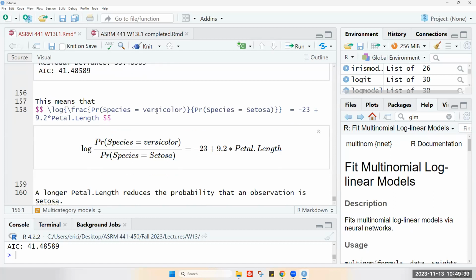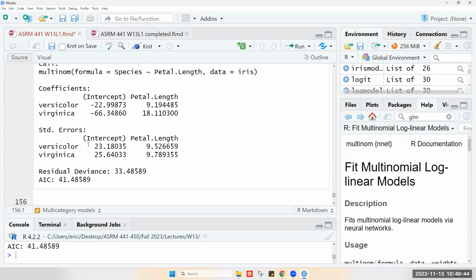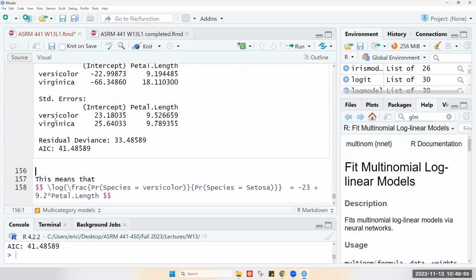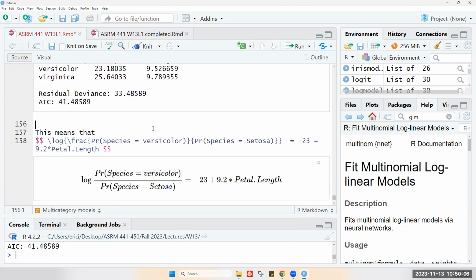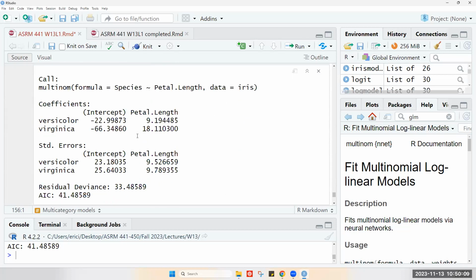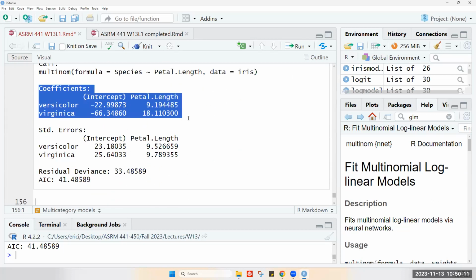Okay? And so the final interpretation that you get from this model is that the longer the petal length, the less likely it is to be Setosa, and the more likely it is to be versicolor or virginica. That is because the coefficient for petal length is positive for both versicolor and virginica in this output here.